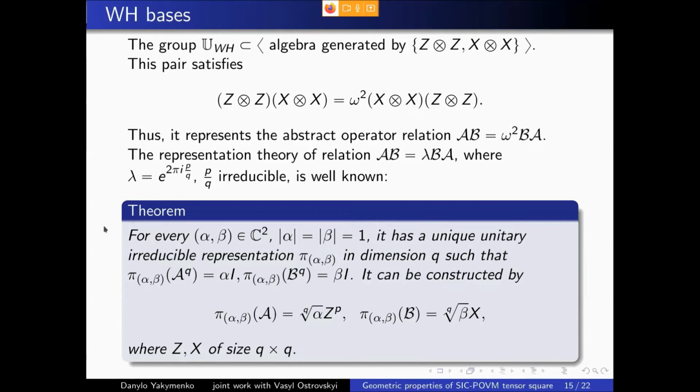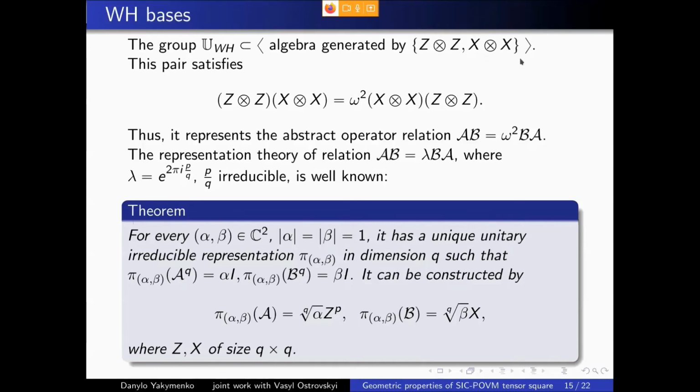So what we are going to do is apply this classification theorem. Any other representation is just a direct sum of irreducible representations. So we are going to apply this theorem to understand this pair, right?